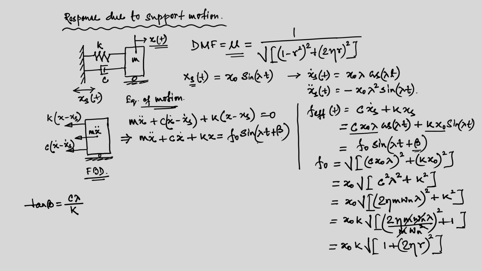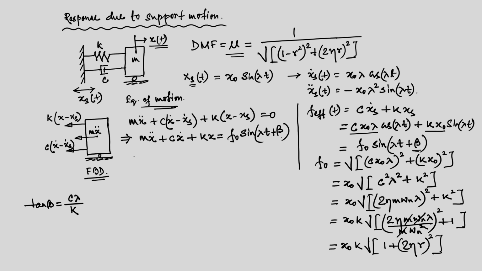So, obviously, what we see, we started with a support motion problem, and effectively what we get, x of t, that is the absolute displacement x of t, is due to a sinusoidal force, and the expression for that effective force we have already evaluated.